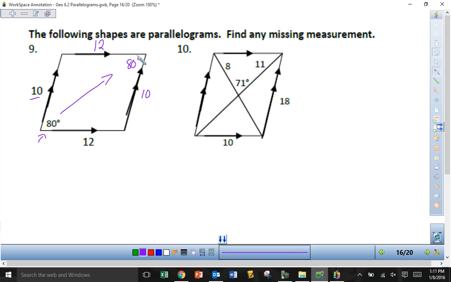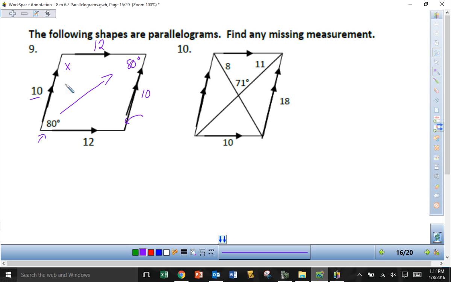But it wants us to find all of the missing measures, so we need to figure out what this angle would be and this angle would be. We know they have to be the same because opposite angles are congruent. We just have to go find one. Well, we could use the idea of the angles in a quadrilateral adding up to 360, or we can use this property that we learned today. Consecutive angles have to be supplementary.